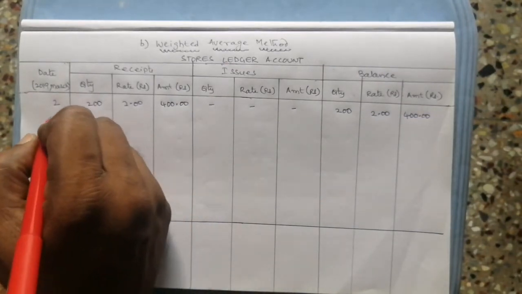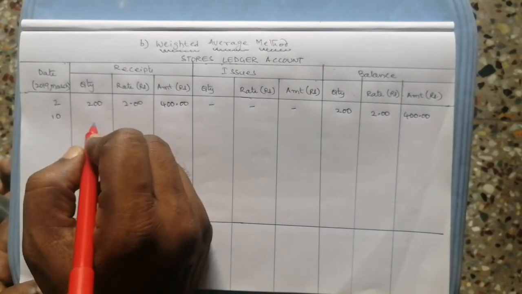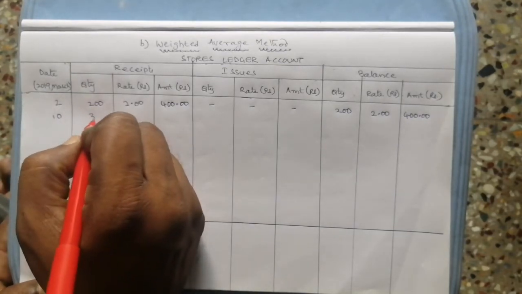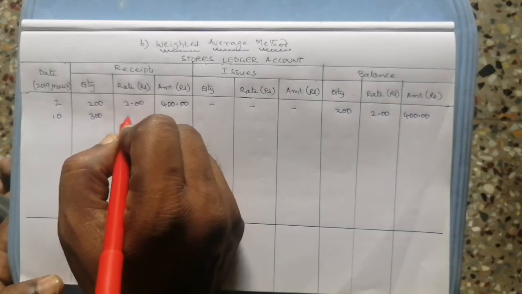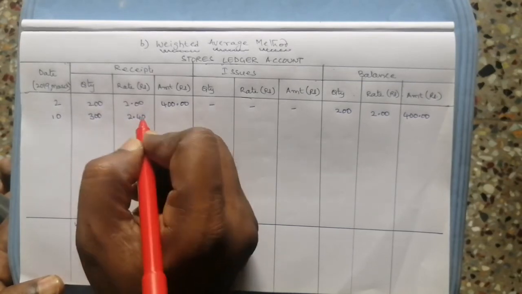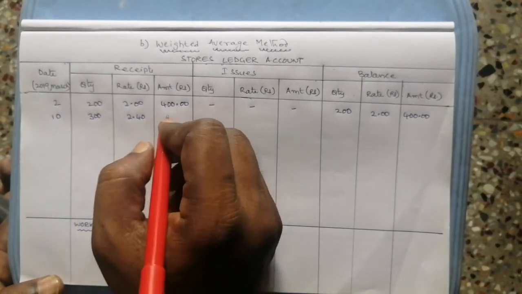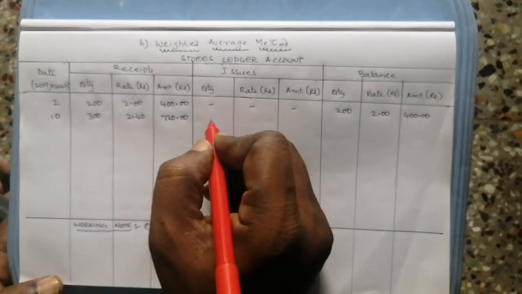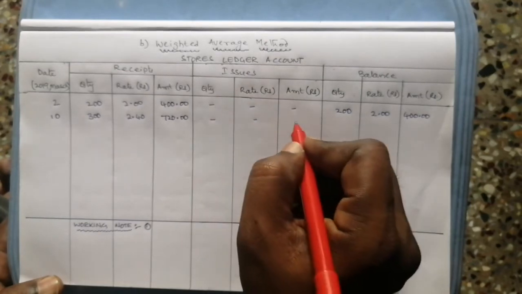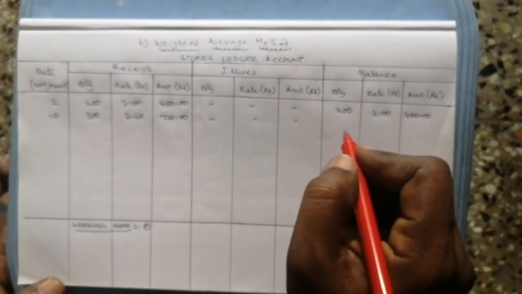Now similarly go to the next date, March 10th. Again the quantity received is 300, the rate is given as 2 rupees 40 paisa, so amounting to 720. There is no issue of material on this day also.